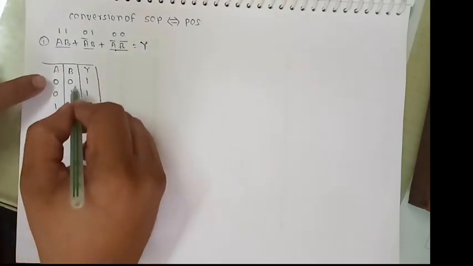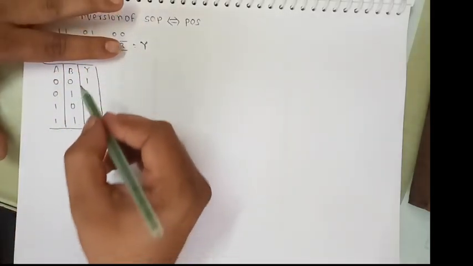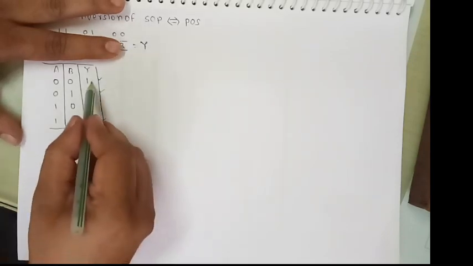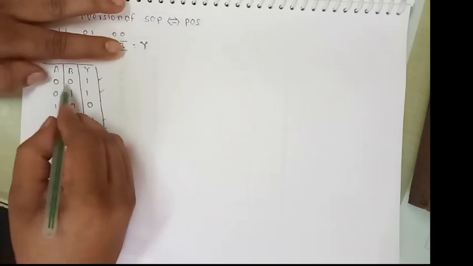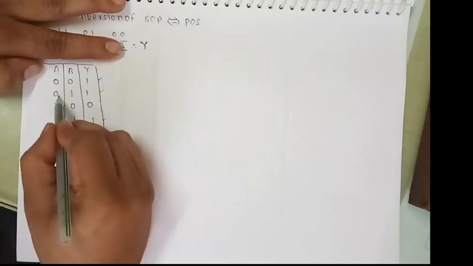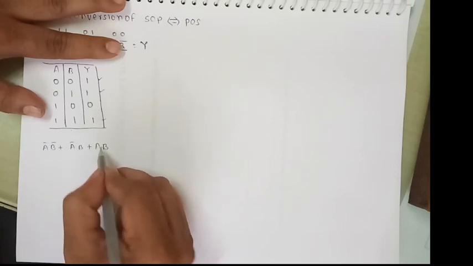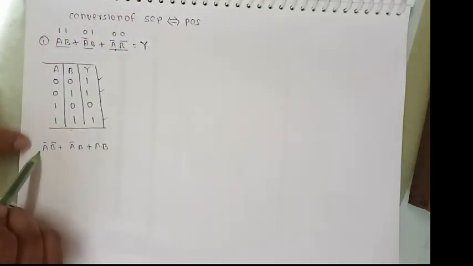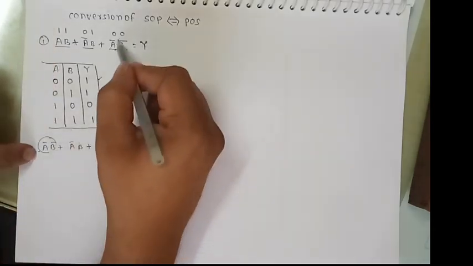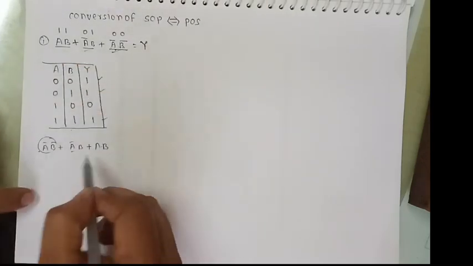If you find the equation from this table, you will again get the same equation. Let us check. Consider those cases where output equals 1: the first, second and last cases. For the selected cases, write down the product terms: A bar B bar, plus A bar B, plus A into B. These two equations are the same, just the sequence of terms is changed.